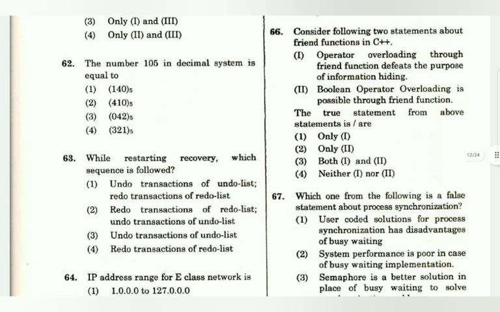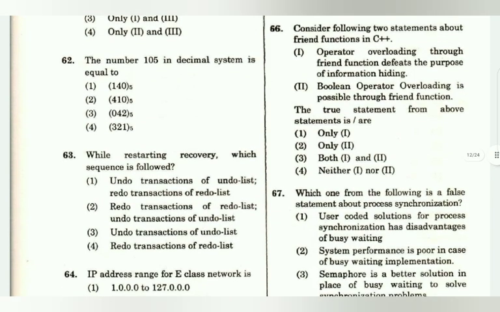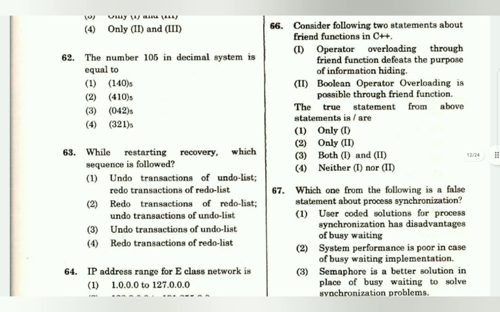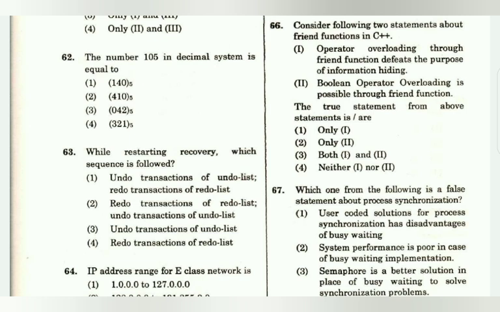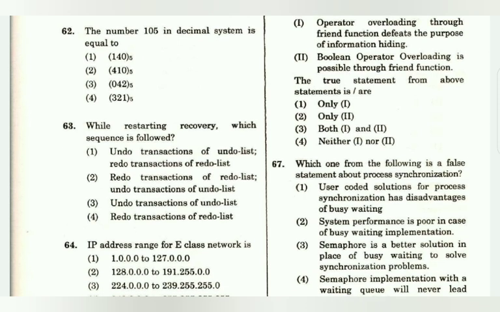Consider the following two statements about the friend functions in C++. Operator overloading through function overloading defeats the purpose of information hiding. Boolean operator overloading is possible through friend function. So here option 1 is correct.